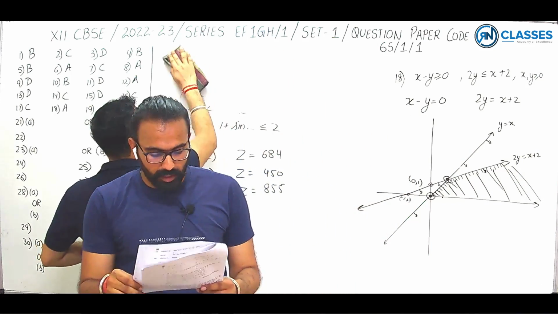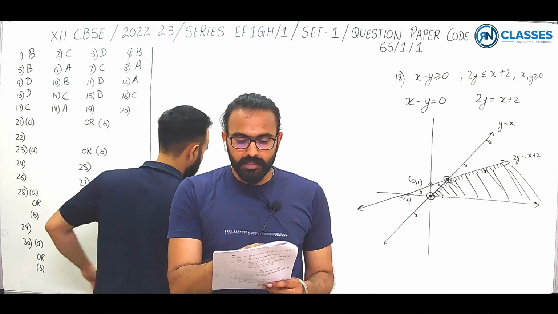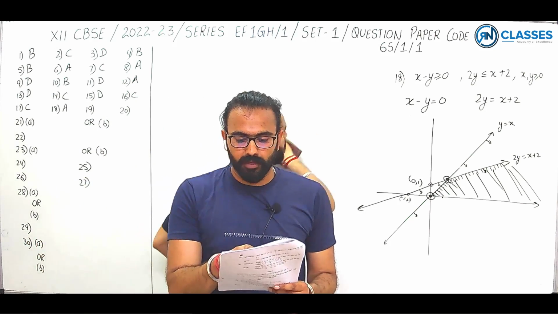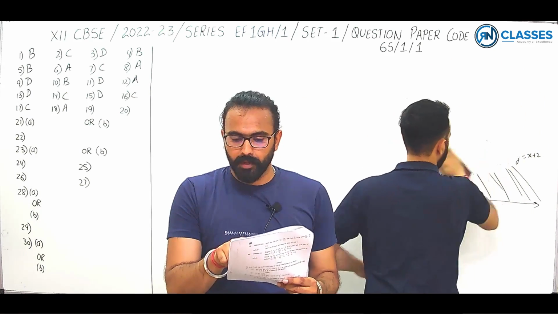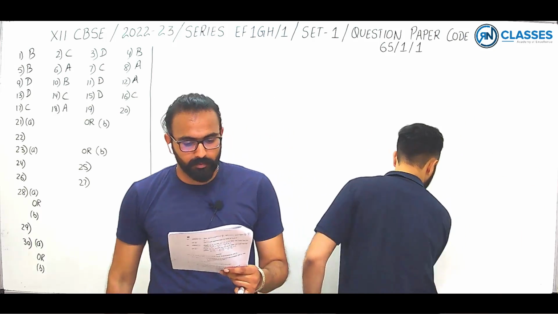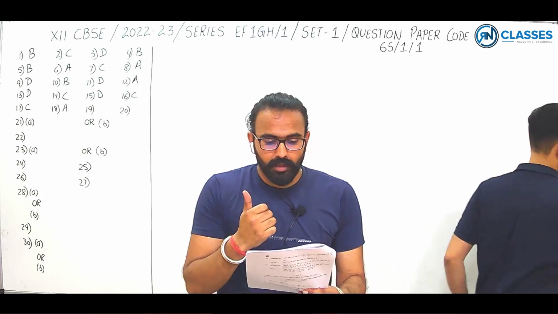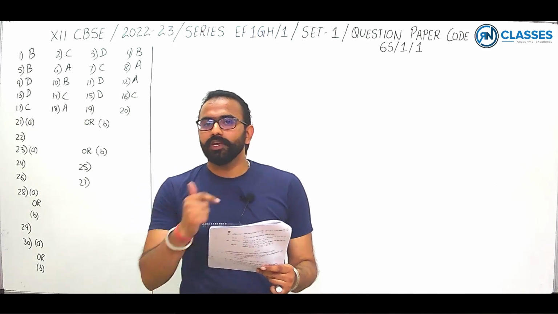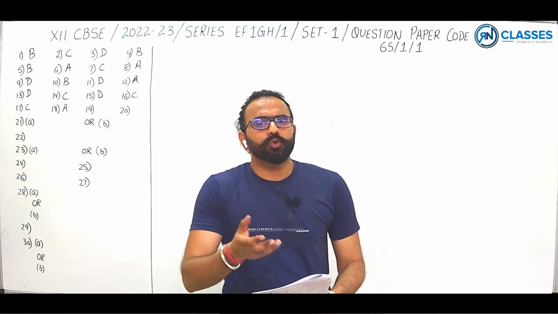Passing on to question number 19, assertion A is the range of the function f of x equals 2 sin inverse x plus 3 pi by 2 where x belongs to the closed interval -1, 1 is this quantity. And reason R is the range of the principal value branch of sin inverse x is 0 to pi.